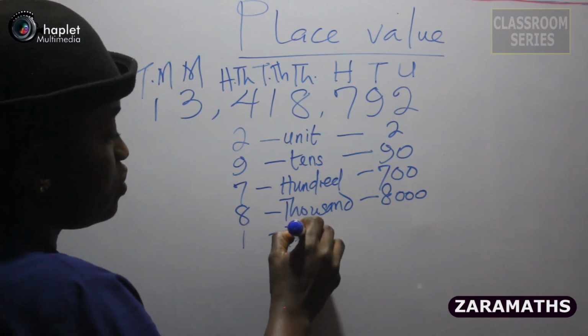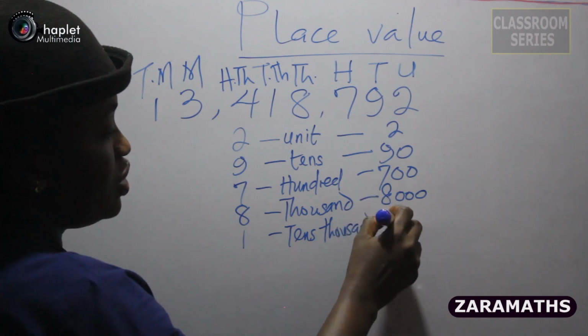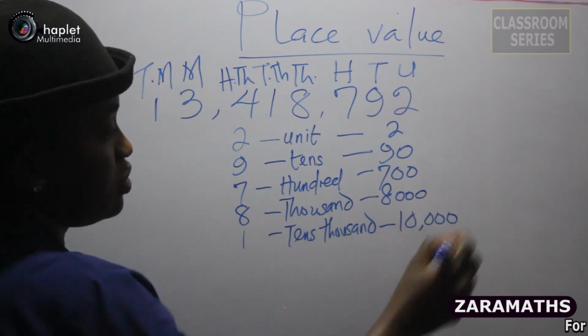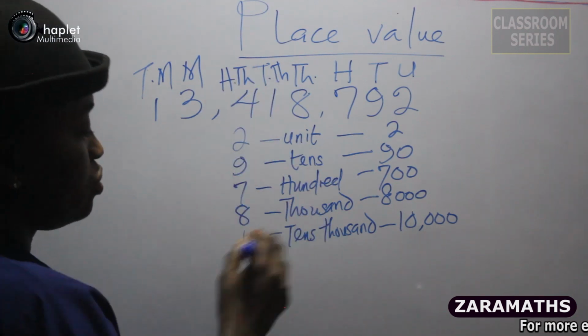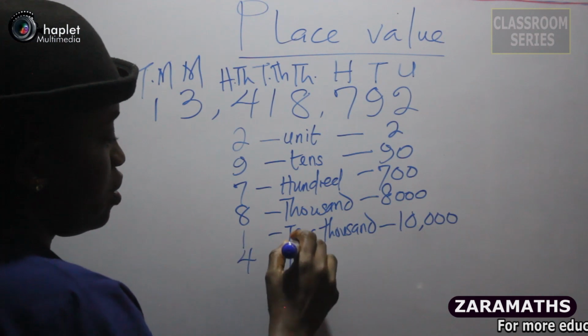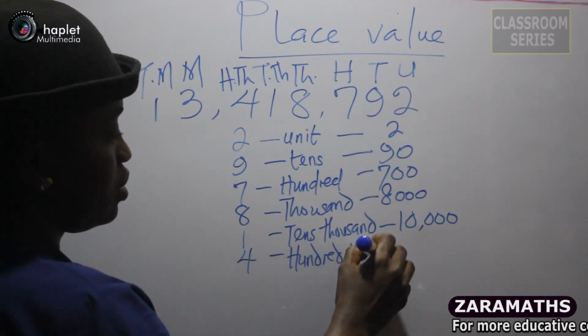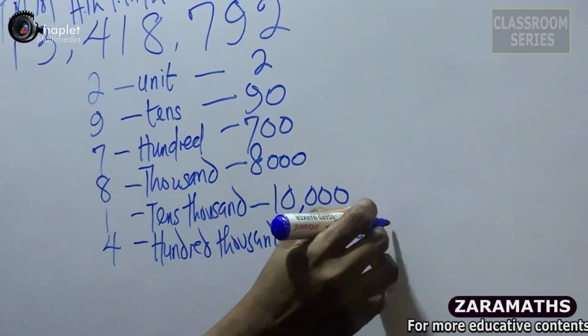The place value of 1 in this figure is tens of thousands. 1 is tens of thousands, which is written as 10,000. The place value of 4 is hundreds of thousands, which is also 400,000.